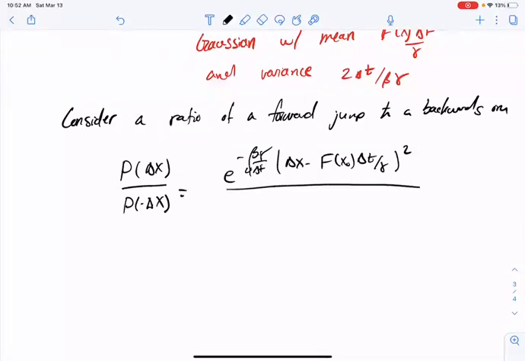It's the probability of going forward, drawing the right noise that takes me between x naught and x of delta t, over the probability of going backwards, minus delta x.